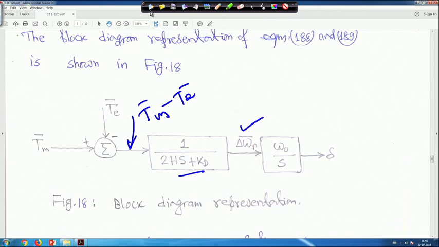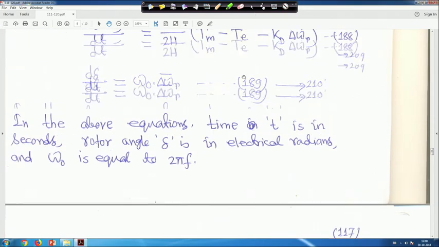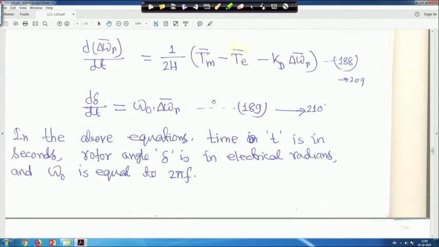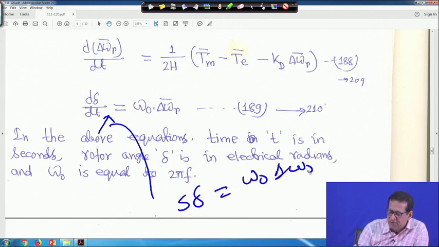Now, again if you see this equation and take the Laplace transform, s delta is equal to omega 0 delta omega r bar.